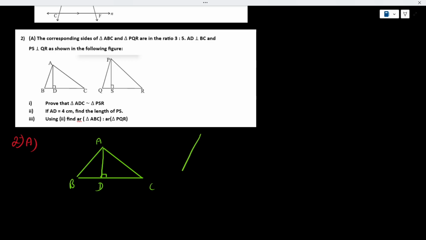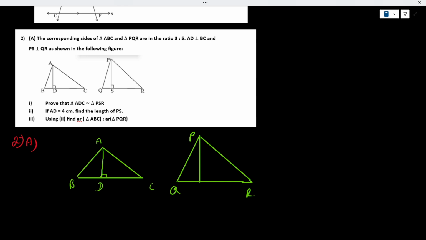Similarly here, there is another triangle which is PQR, where PS is perpendicular on QR, right? So here this PS is perpendicular on QR.